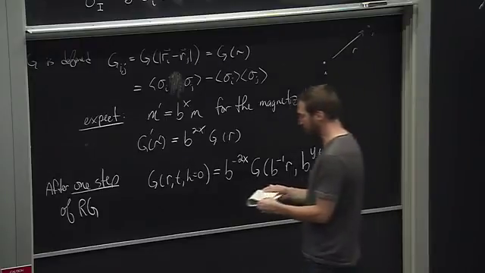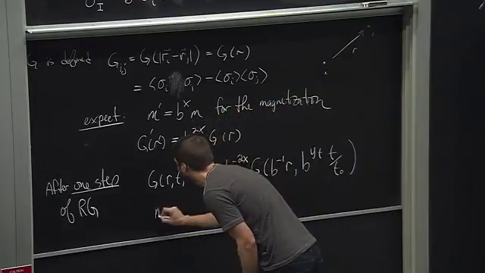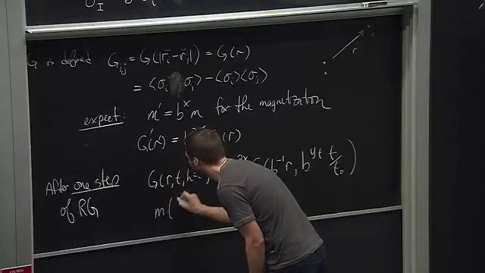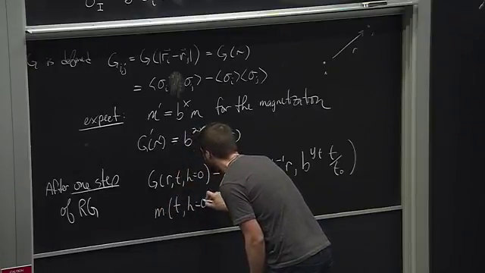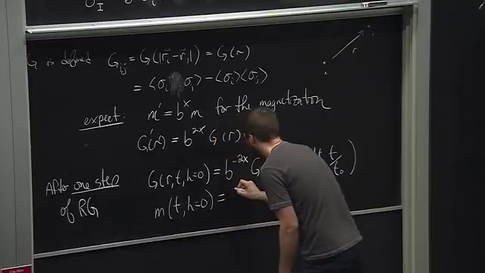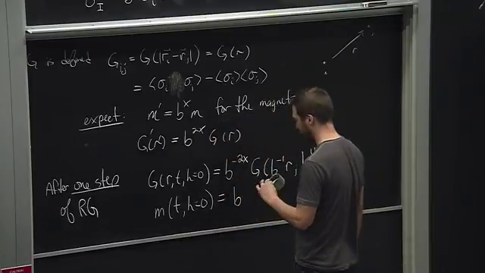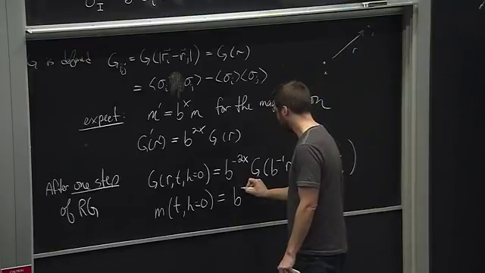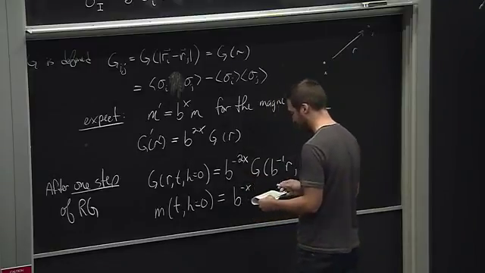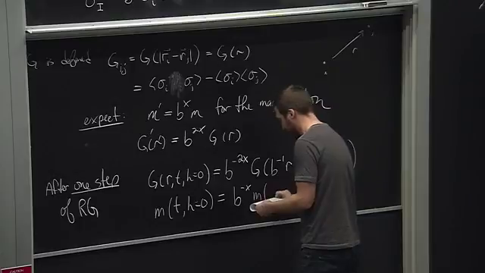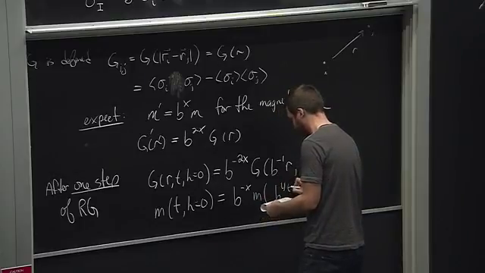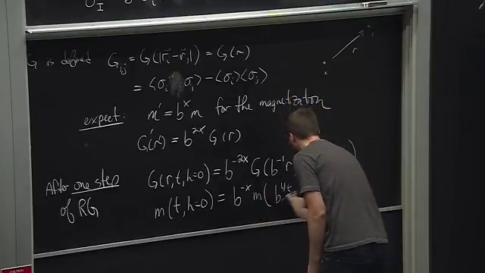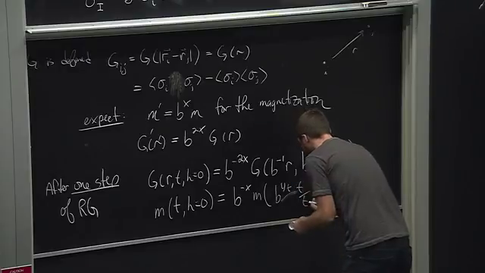And I could do the same thing for m. There's no R anymore. t, h equals 0. So b to the minus x, t over t naught.